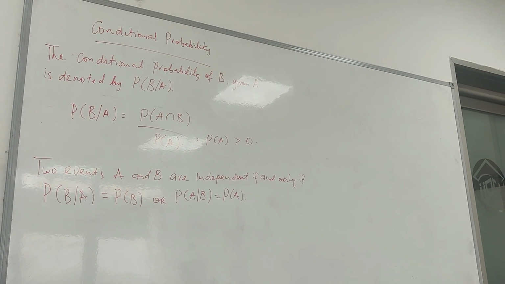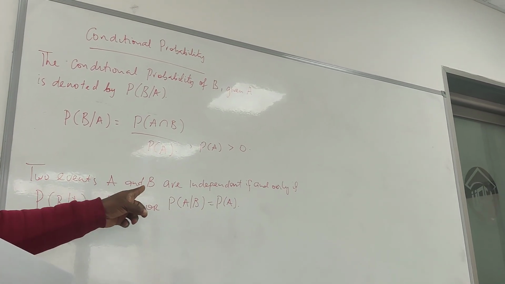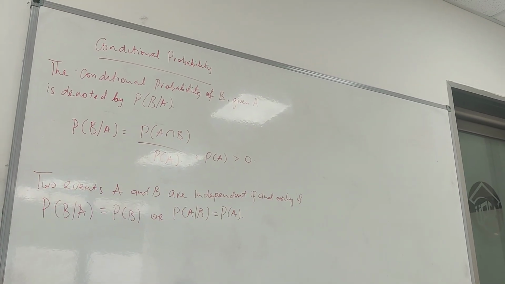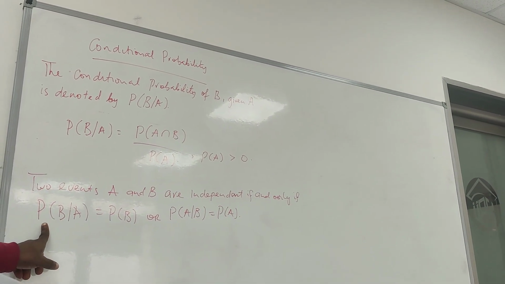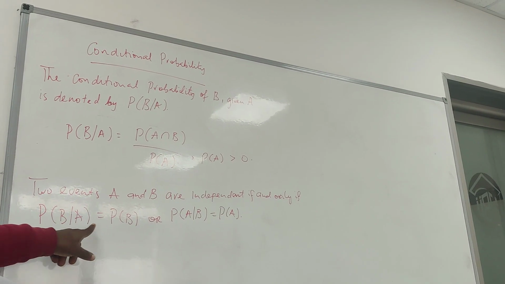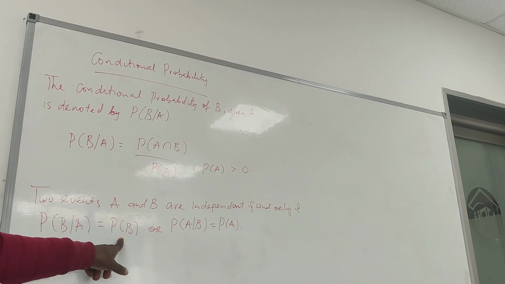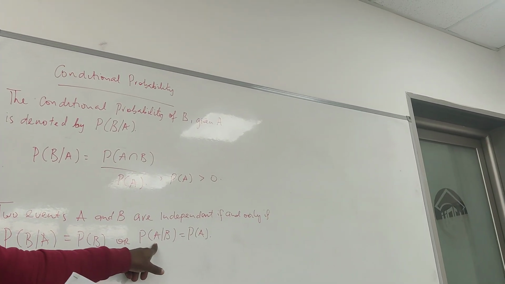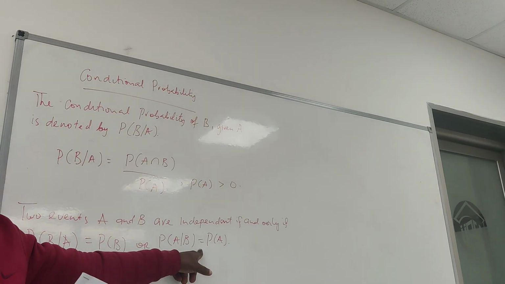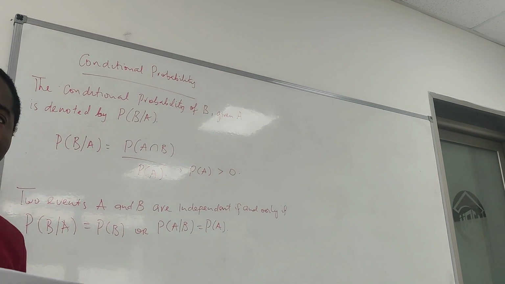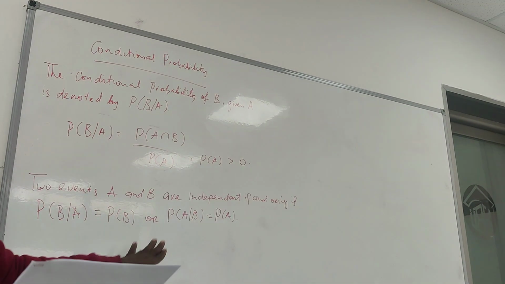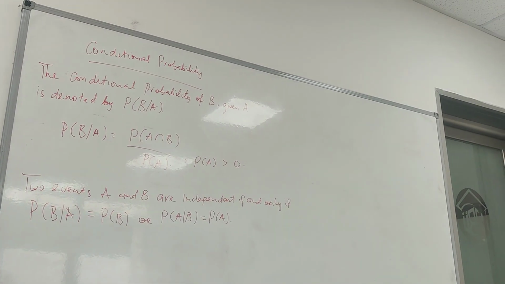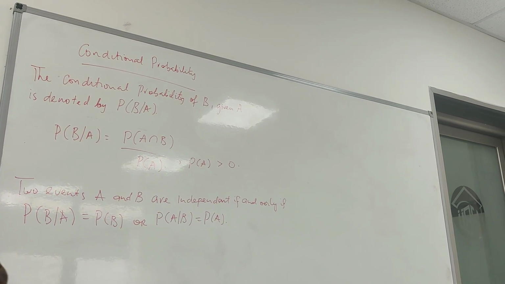Now, before the theorem, two events A and B are independent, that is, they don't depend on each other, if and only if the conditional probability of B given A is equal to probability of B, or the conditional probability of A given B is equal to probability of A. Now, if these two conditions do not hold, that means the events are dependent on each other.